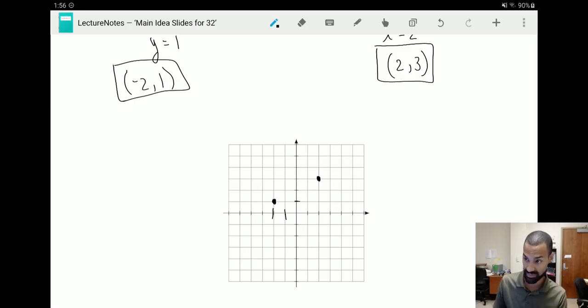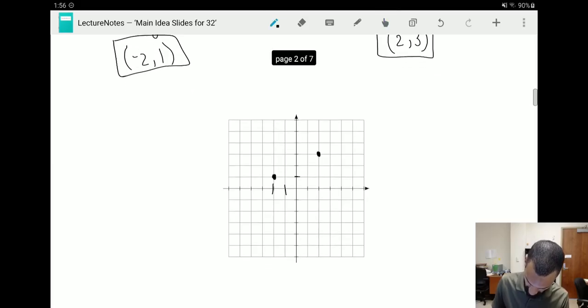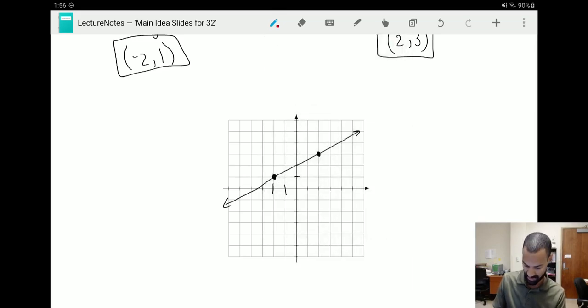When dealing with those types of equations, if you plot the points and draw a straight line through them, any other points that lie on this line will also be a pair of x, y values that work for that equation. So that's the equation of the line.